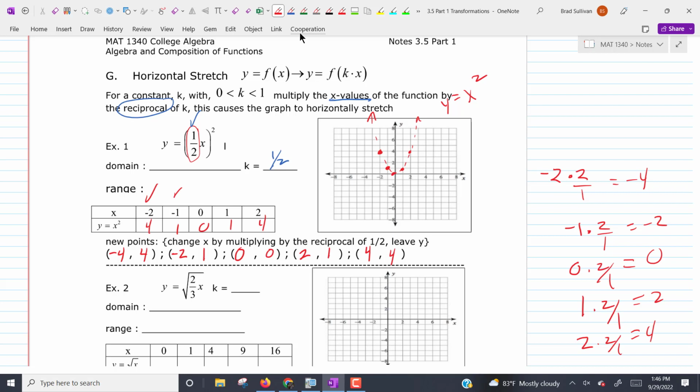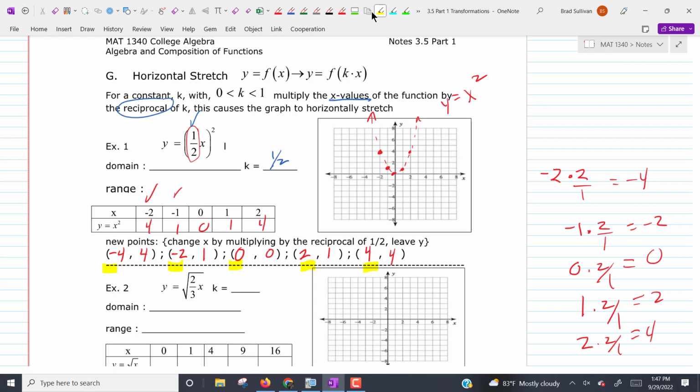So the y stayed the same. It was the x's that got multiplied by the reciprocal. What students always think is we cut those in half. No, it's opposite. Opposite of cutting in half is doubling. And if you look at all those x values, they all double. So you're multiplying by a reciprocal.